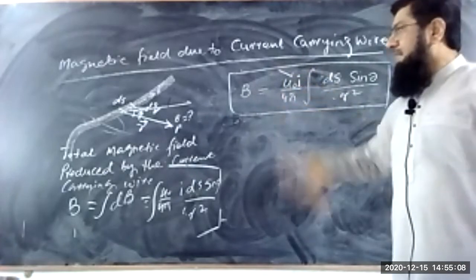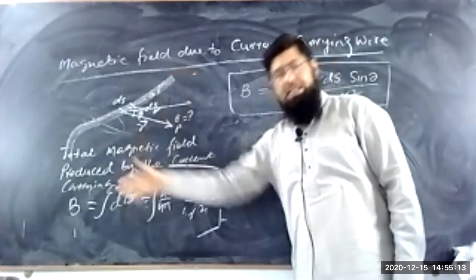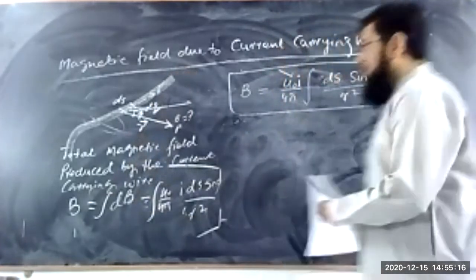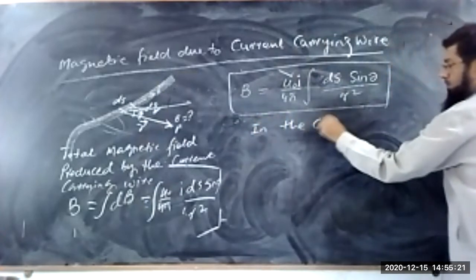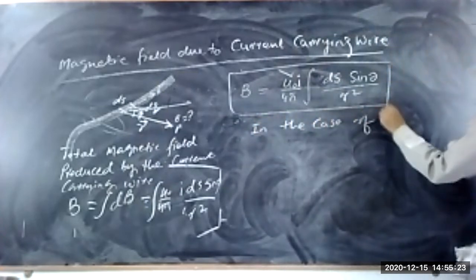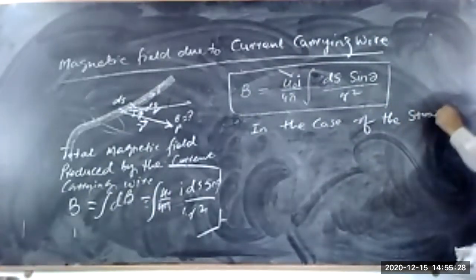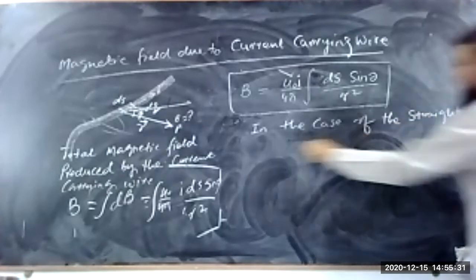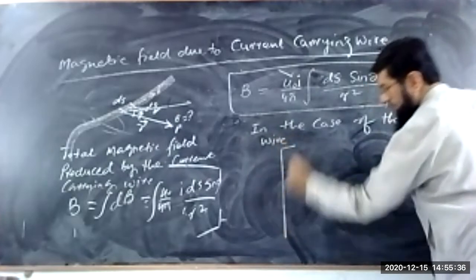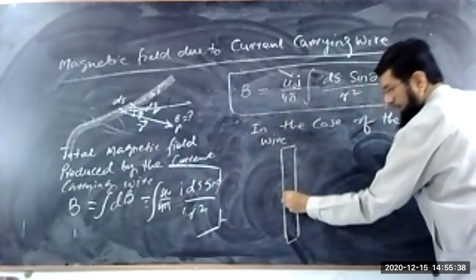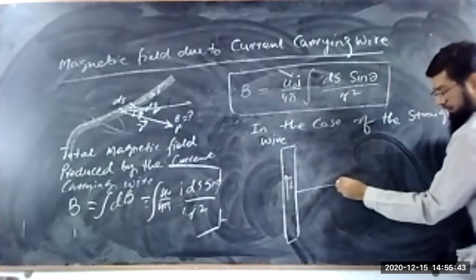So now in the case of a straight wire, this is not a complete straight wire, but in the case of the straight wire, what happens? This is the straight wire here. The current is flowing in this direction I, and we want to calculate the magnetic field over there.